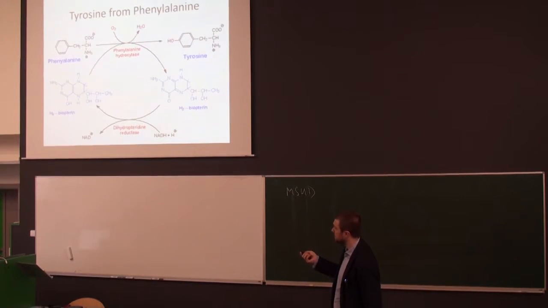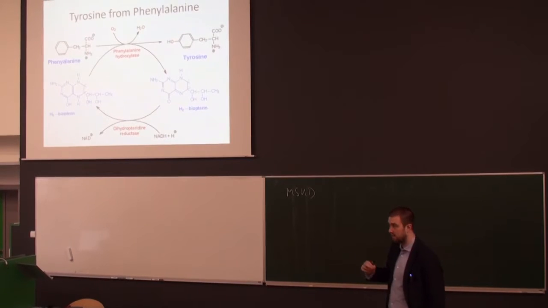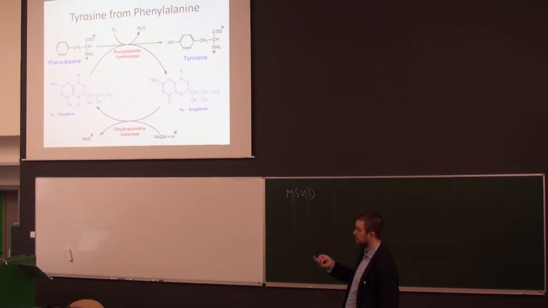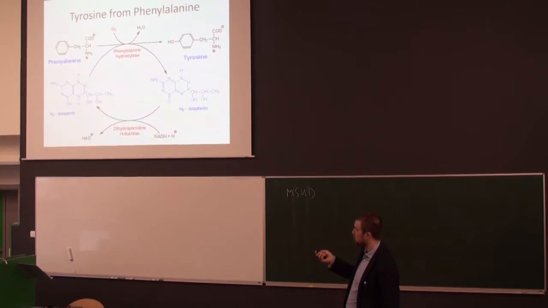That means that you must have a second enzyme that regenerates the dihydrobiopterin back to the tetrahydrobiopterin, and that's the reductase. So directly here you do not consume the reduced cofactor, you use it in the other enzyme.